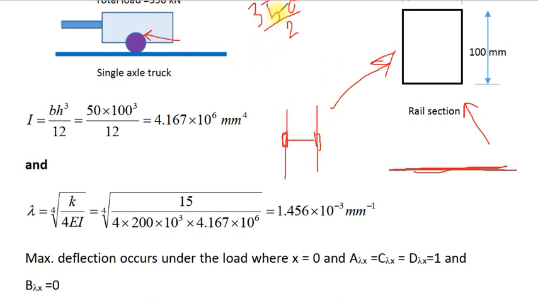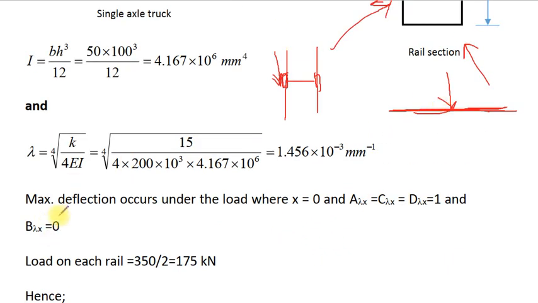We have to divide 350 over 2 to get the force at this rail. So we have a beam representing the rail subjected to a concentrated force.